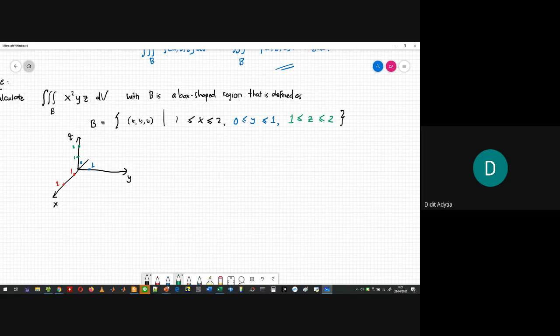Okay, how do we draw it? Okay, I will try my best. Like this, and then this one, and then this z. Okay, jadi gimana gambarnya? Colornya apa ya? Colornya biru coba.